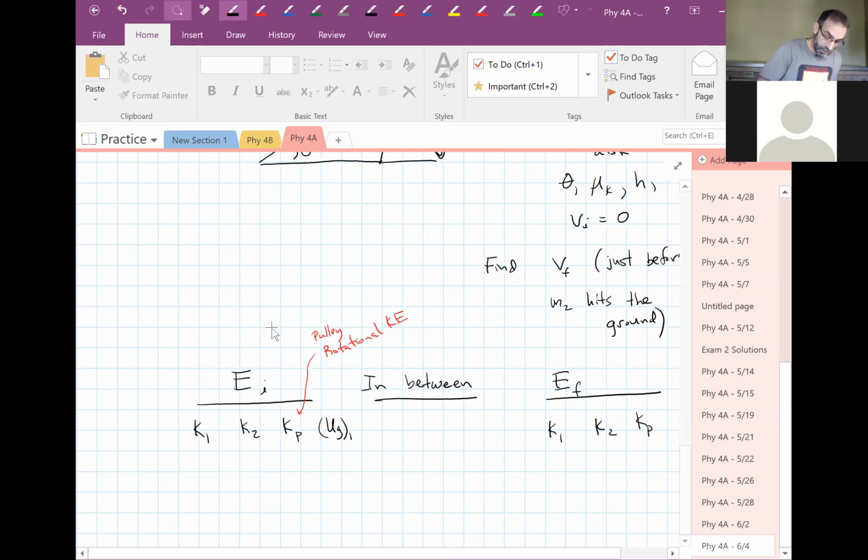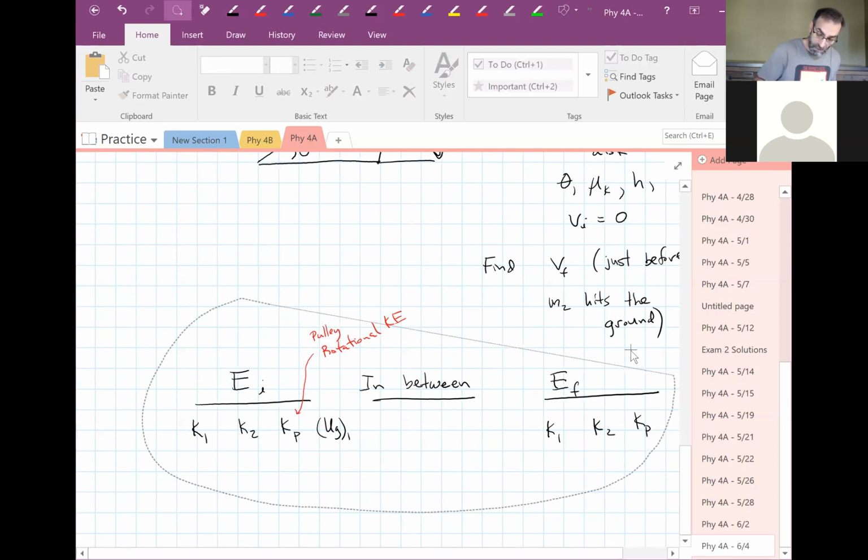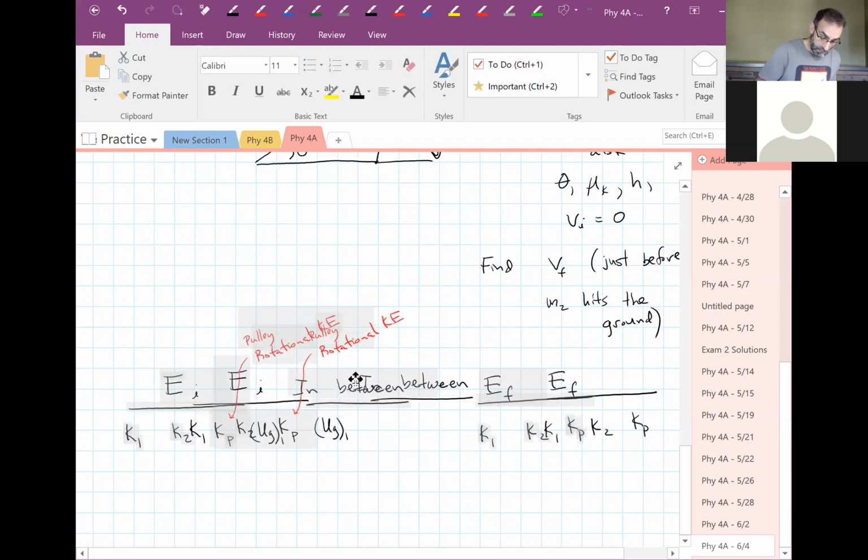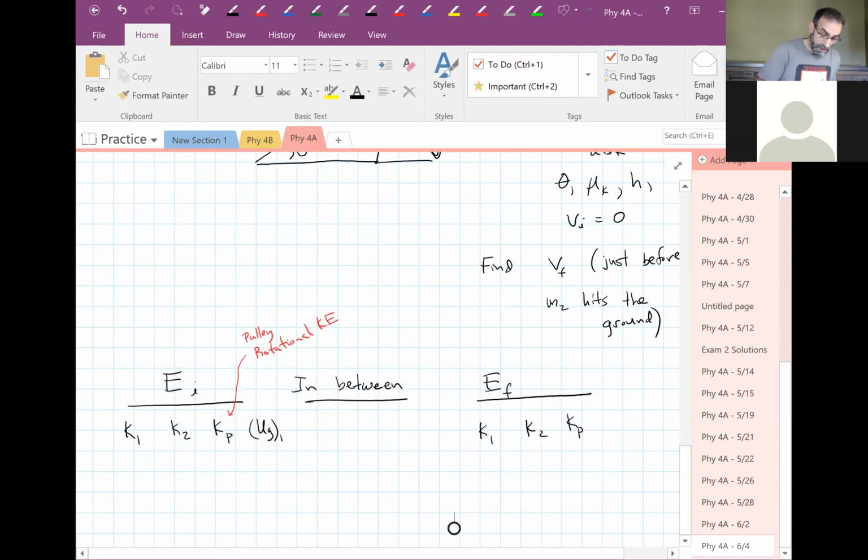I'm running out of room here. And UG final for mass 1. And a UG for mass 2, gravitational potential energy for mass 2. And my pulley is fixed to the earth, so it's not going up or down.